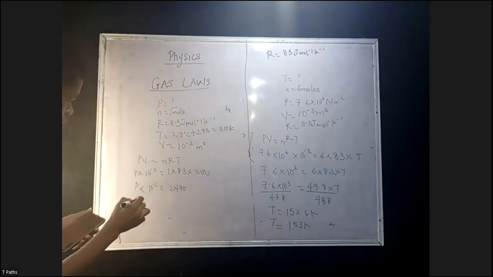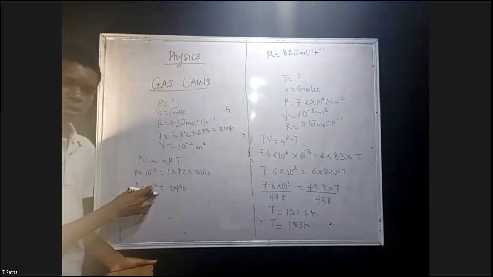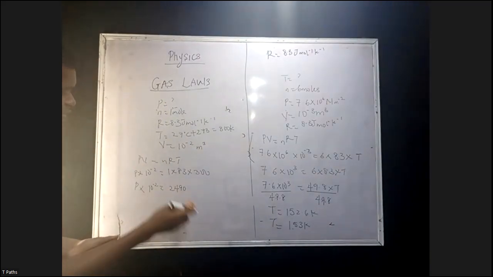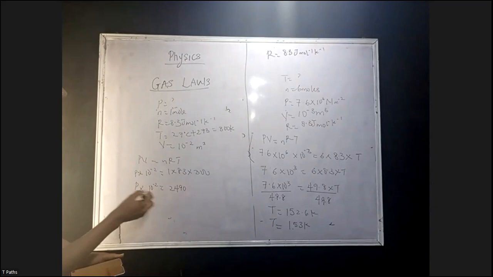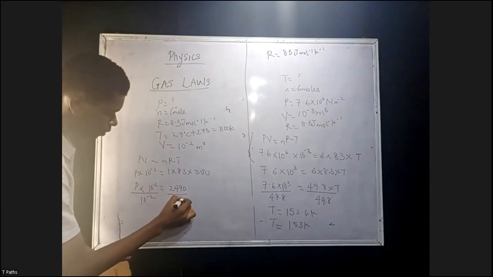So P times 10 raised to the power minus 2 is equal to 2,490. To get the value of P, I simply divide by 10 raised to the power minus 2.